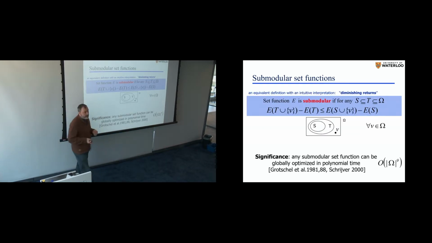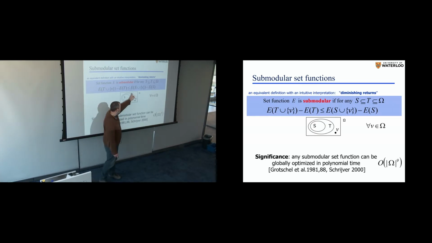So let me give you a little bit of an interpretation for submodularity. In economics, people have figured it out, and by the way, submodularity is not just something we care about in vision. In machine learning, people use this. In economics, it's a condition that's useful all over the different application domains. But for economic people, it's very nice because submodularity is diminishing returns.